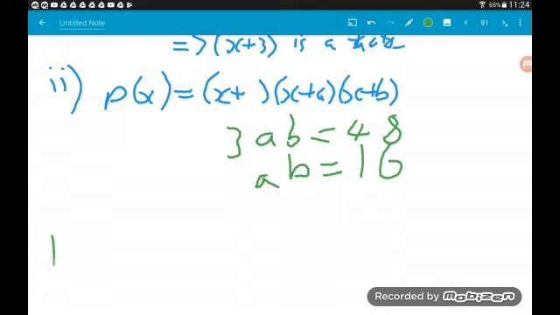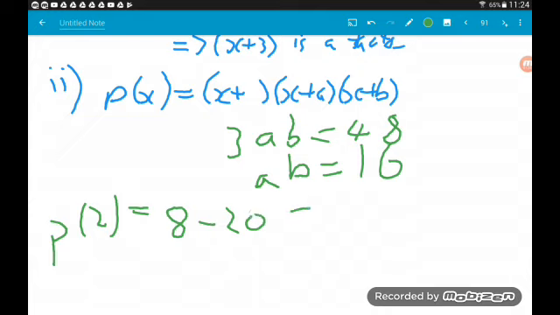So p of 2, it would give us 2 cubed, which is 8, minus 5 lots of 2 squared. 2 squared is 4, 5 times that is 20, so we get minus 20, minus 8 lots of 2, so minus 16, and then plus 48 at the end. Now it's quite easy to see that's not equal to 0. So that's no good to us.